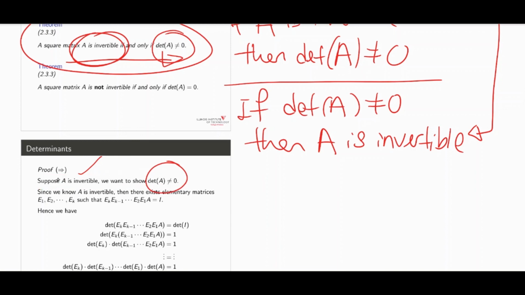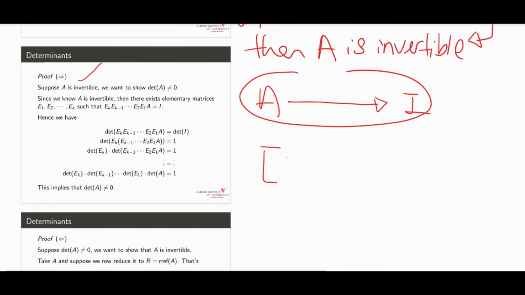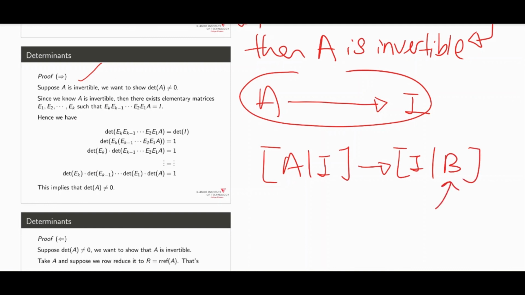So, A is invertible. From the previous section on invertibility of a matrix, we know that you can row reduce A all the way to I. Last time we talked about how, if you put an augmented matrix and row reduce it to I, you get the inverse of the matrix.